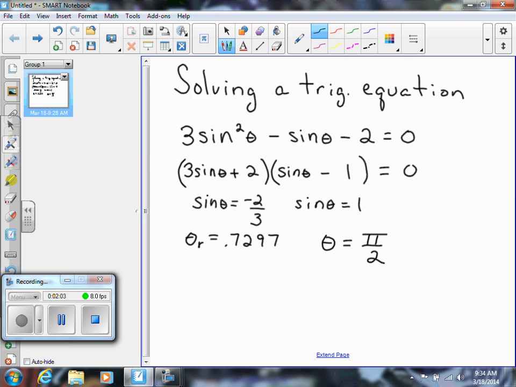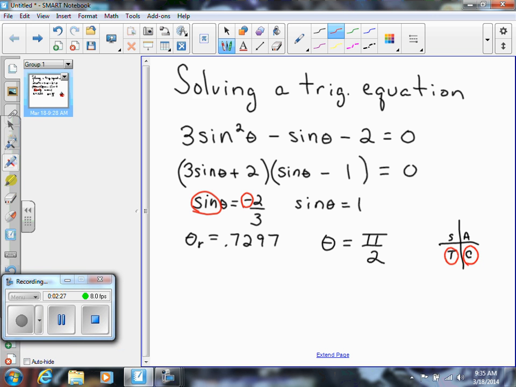Now we use CAST to determine what quadrants we're in based on the sign and the trig function. So we're looking for a negative sign, which happens in quadrants 3 and 4.